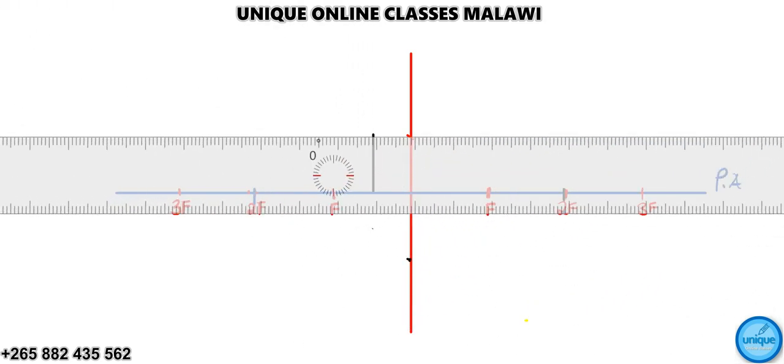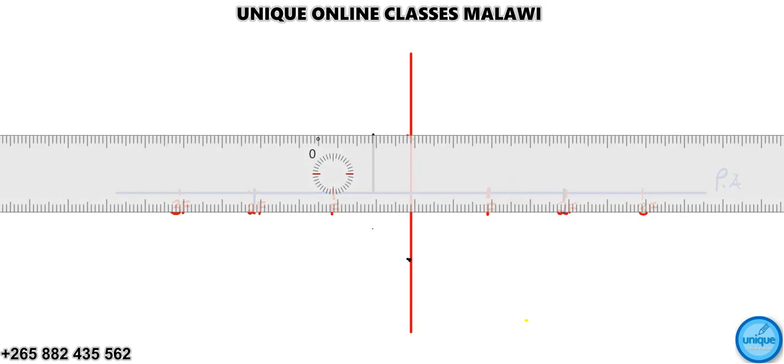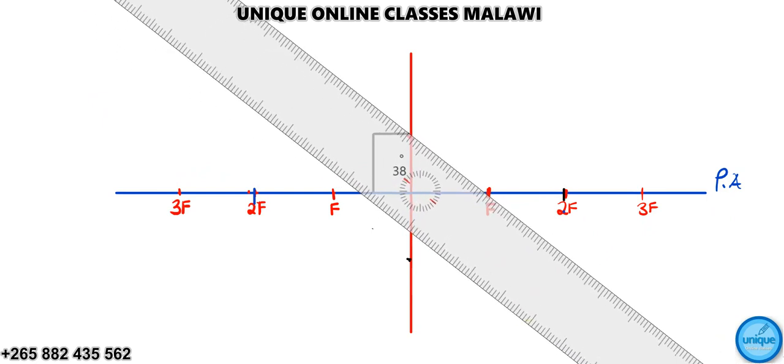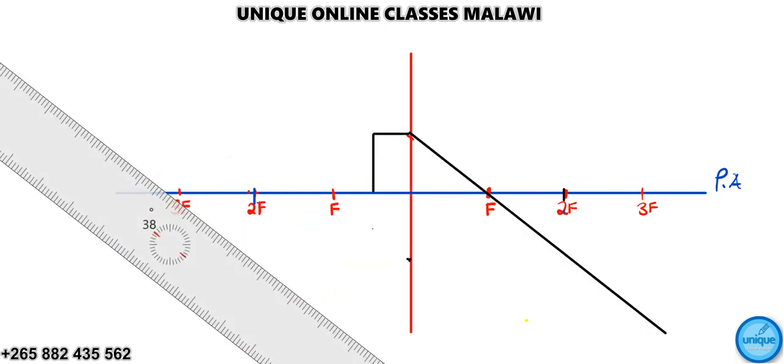So our line, which is the principal ray, should go through there and then pass through F. Yeah, something like that. Let it pass there to see what will happen if we place an object between F and our lens.